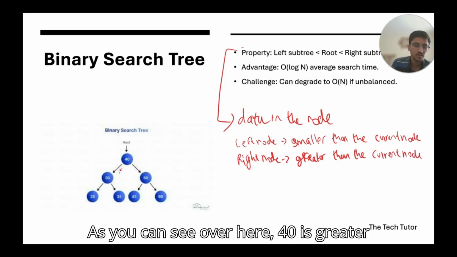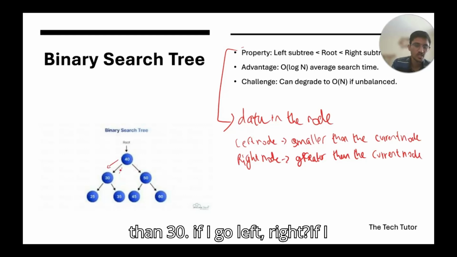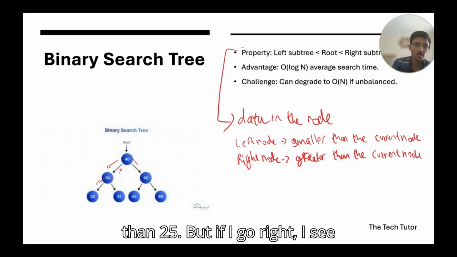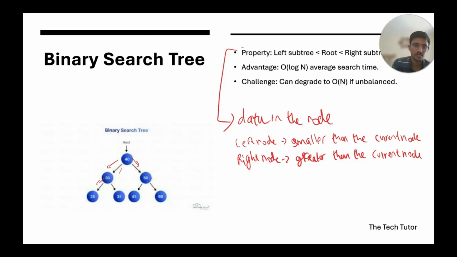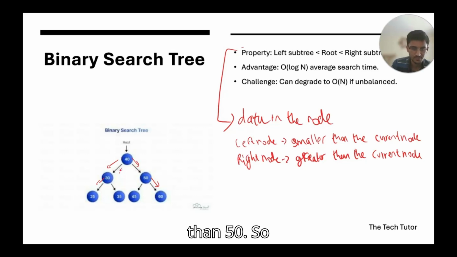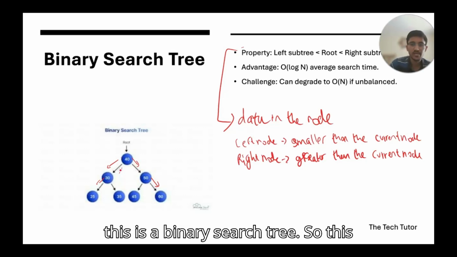As you can see over here, 40 is greater than 30. If I keep going left, I see that 30 is greater than 25. But if I go right, I see that 50 is greater than 40, and if I go right again, 60 is greater than 50. So this is a binary search tree.